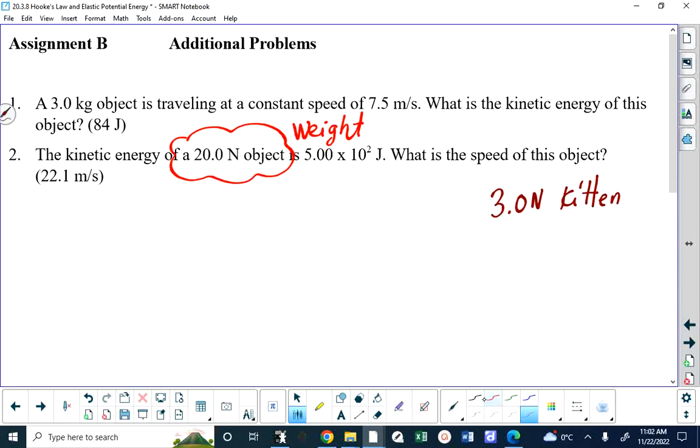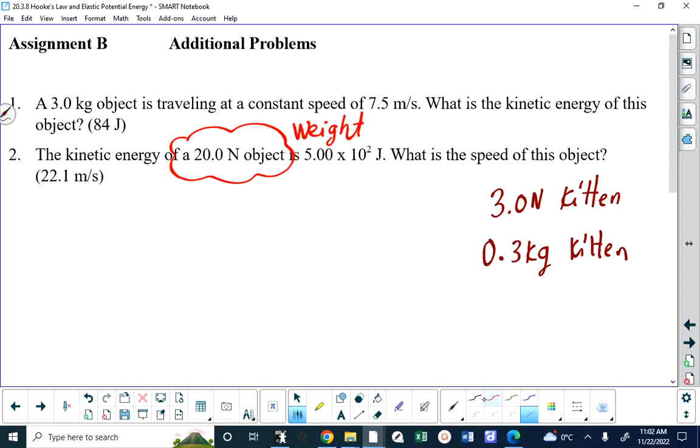Can somebody explain to me why I know that in a very round way it's a 0.3 kilogram kitten? I'm being very flexible with numbers here. Alex? Kilograms by 9.81, which is roughly 10.